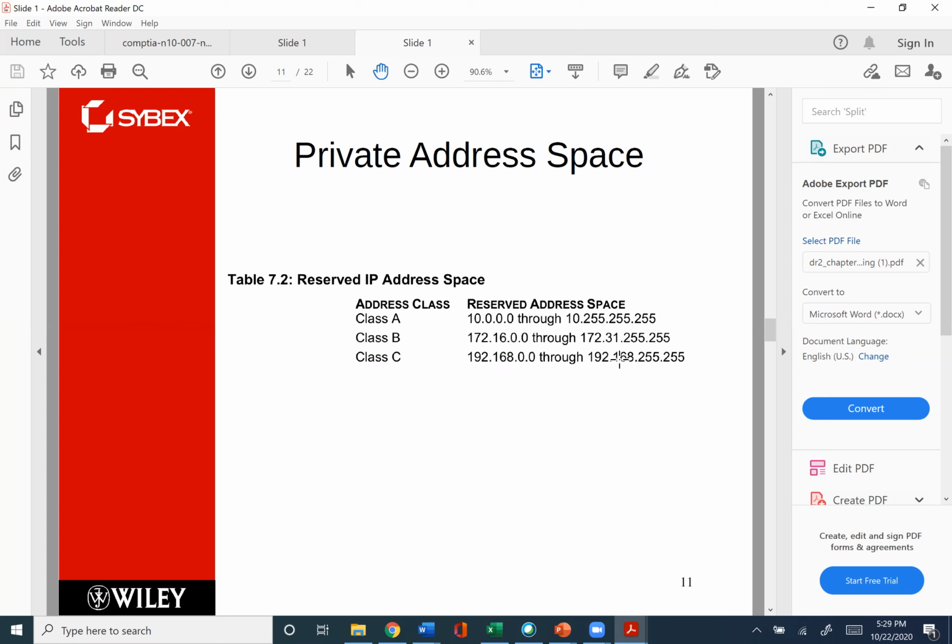If it's 172.33, would that be reserved or not? Anybody? So these are the reserved addresses. If I give you the address 172.33.0.0, is that a reserved address or not?